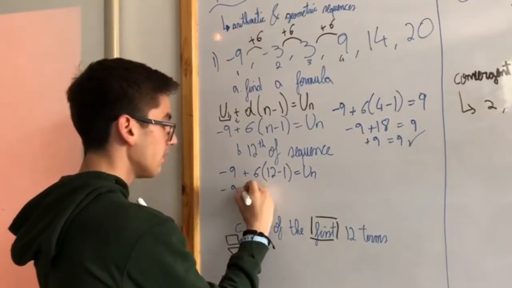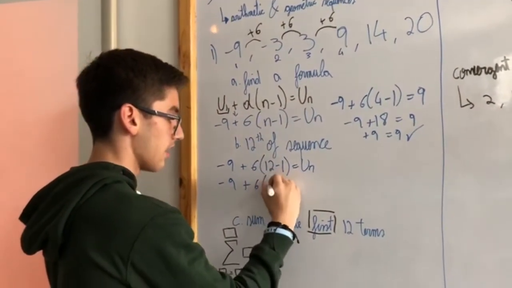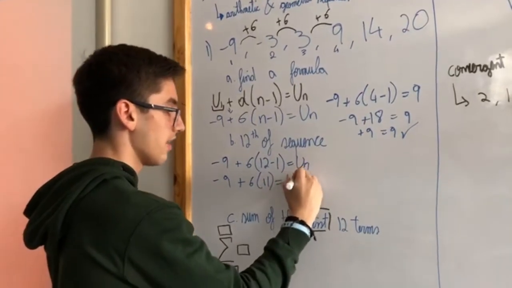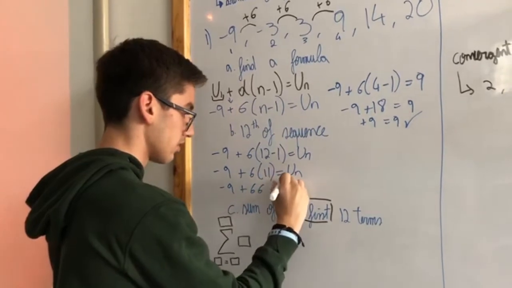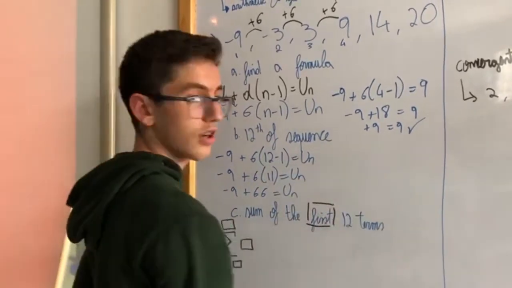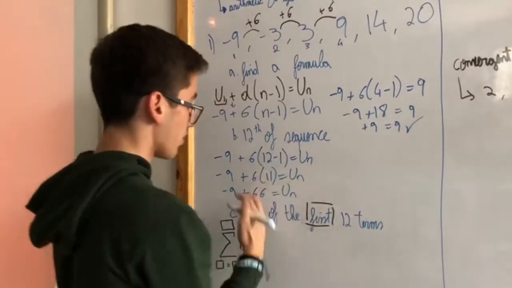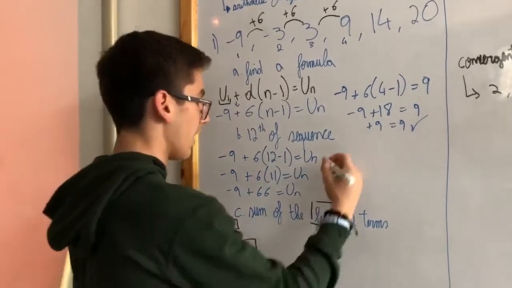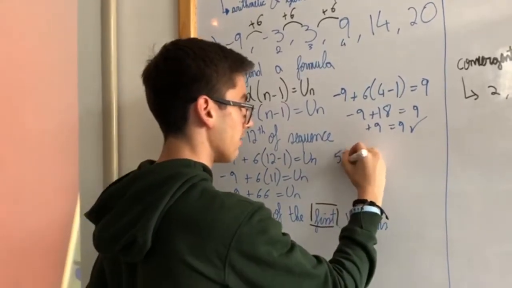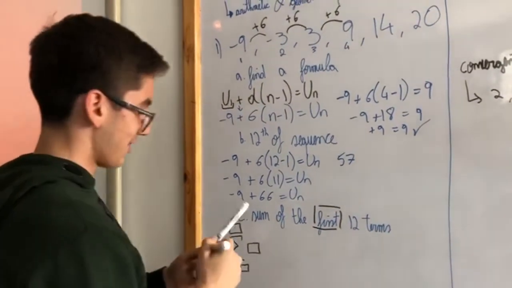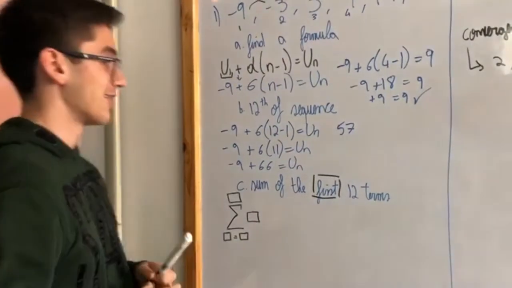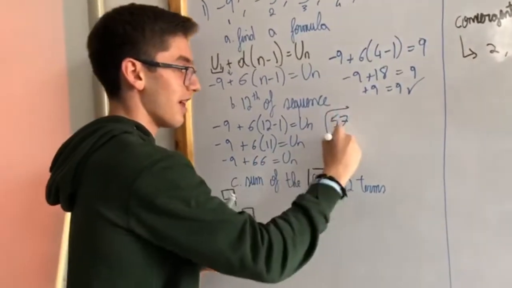So -9 plus 6 times 11 equals un. -9 plus 66 equals un. So consequently, as you guys can see, the 12th term of the sequence is 57, if I did my math correct. Okay, so it was confirmed that this is correct. So 57 will be your answer.